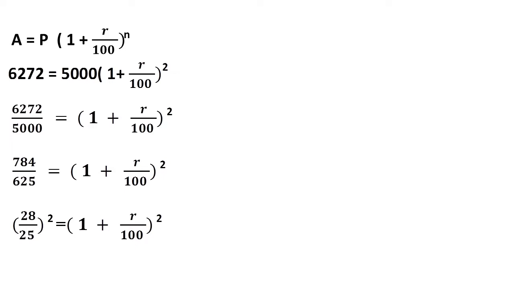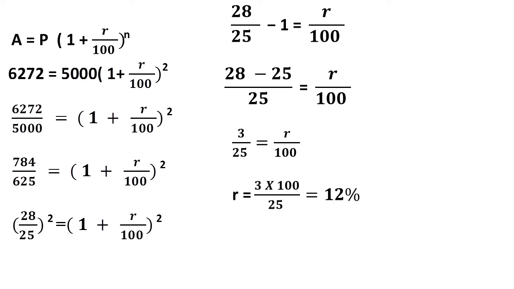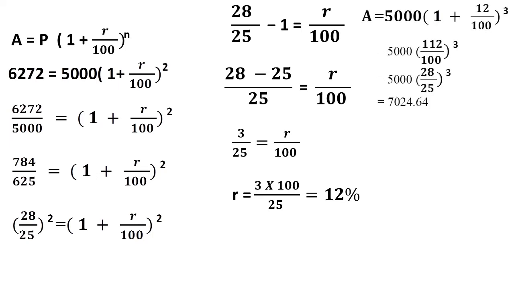Therefore, 1 plus R by 100 is equal to 28 by 25. Shift plus 1 from left hand side to the right hand side. It results as 25 is the LCM. 28 minus 25 leads to 3 by 25, which is equal to R by 100. After cross multiplication, value of R will be equal to 12%.